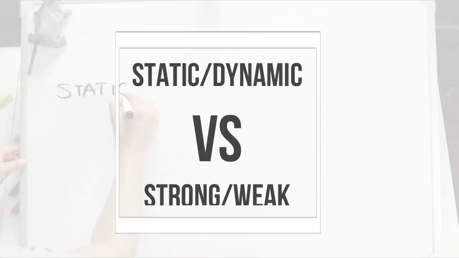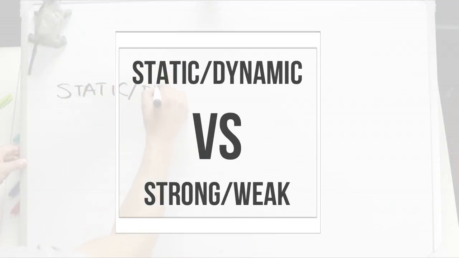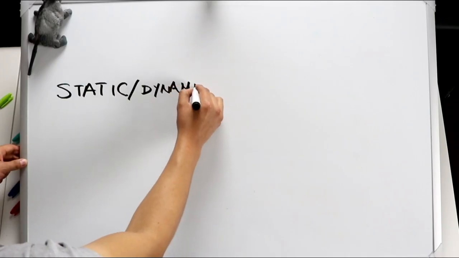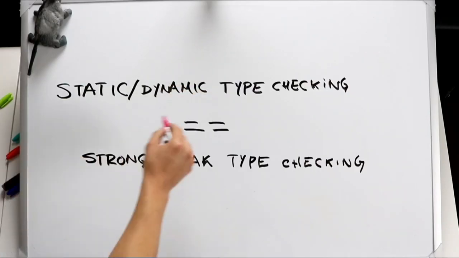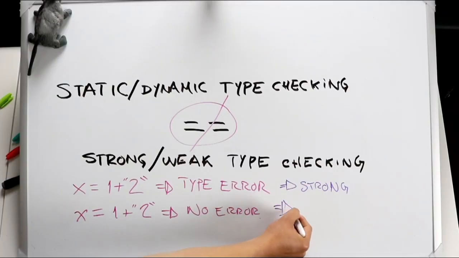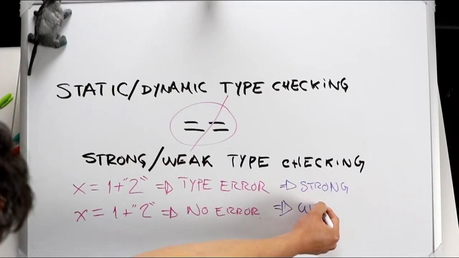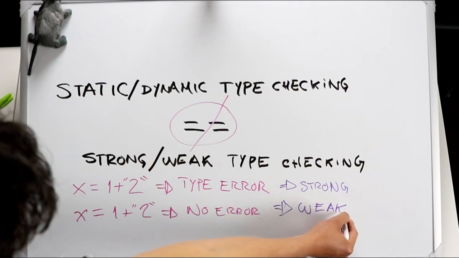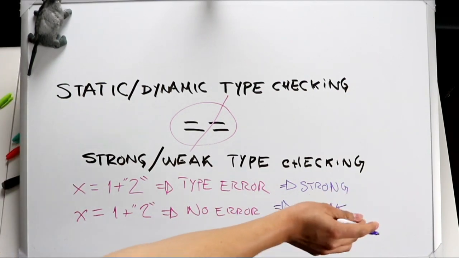Is static or dynamic type checking the same as strong or weak typing? Well, the answer is no. They are not the same. Now this is a classic one. A lot of people use strong, weak type checking as a synonym for static, dynamic checking. Let us check why this is different. The first line is an example of strong typing, whereas in the second line, we have an example of weak typing.